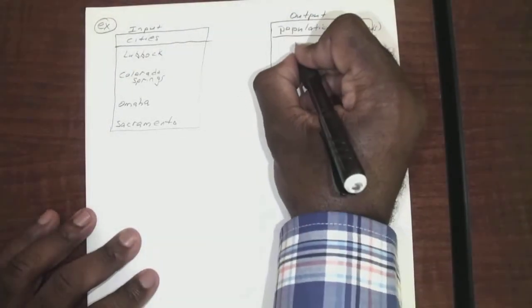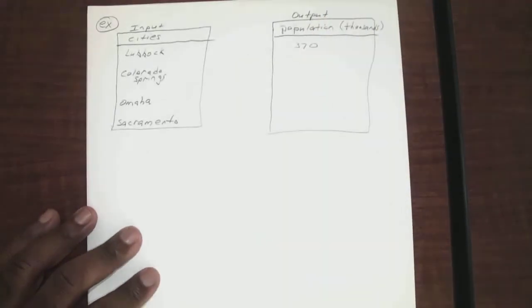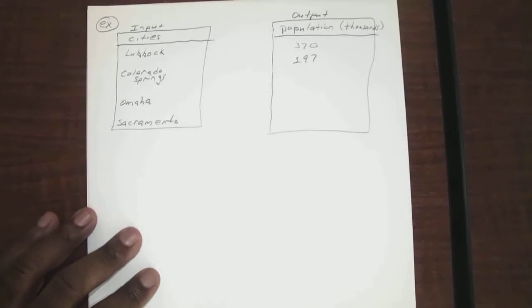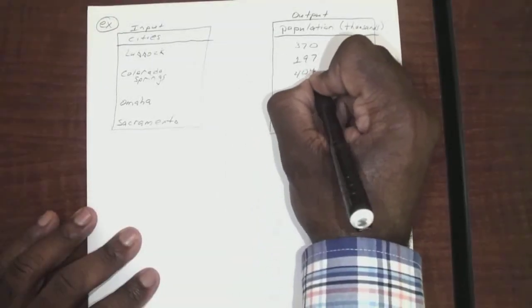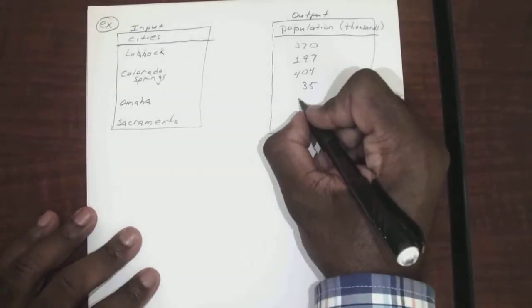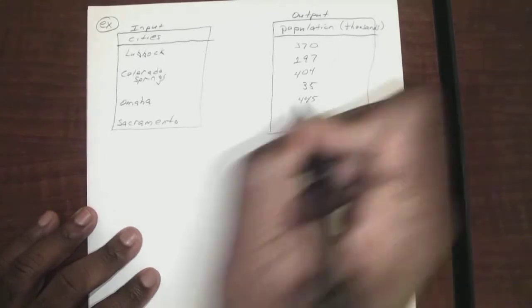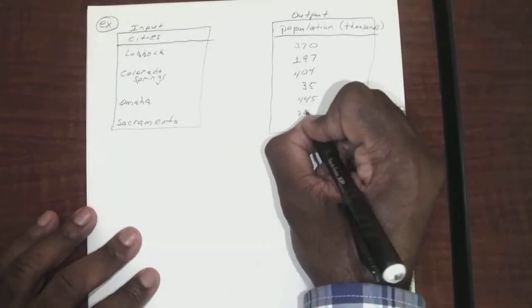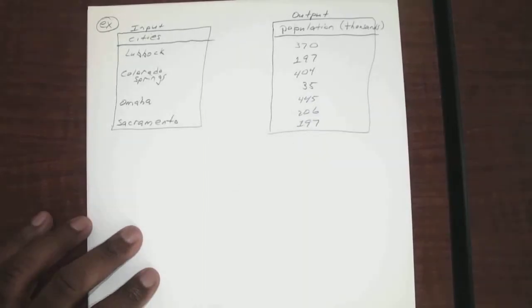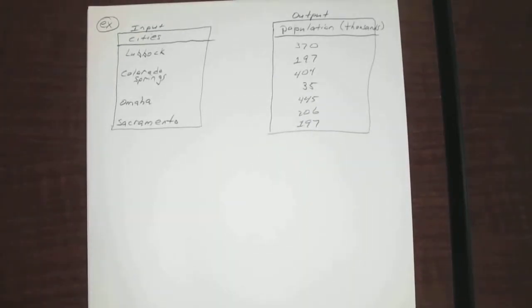Okay, so let's say the first one is 370,000. Say the second one is 197,000. The third one is 404,000. Fourth is 35,000. So you have 445,000, 206, and 197, which are more than we actually need.